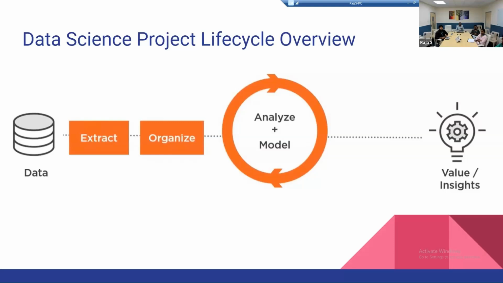So it is a continuous process. You can see I have given a circle there. That means it is an iterative process. We have to keep on fine tuning the model so that it improves the performance. So it is an iterative process.